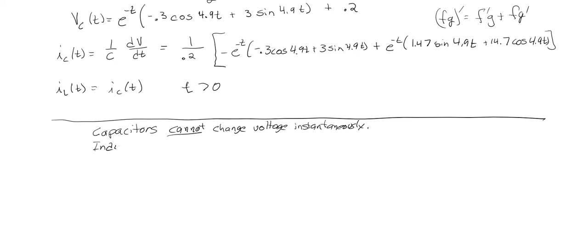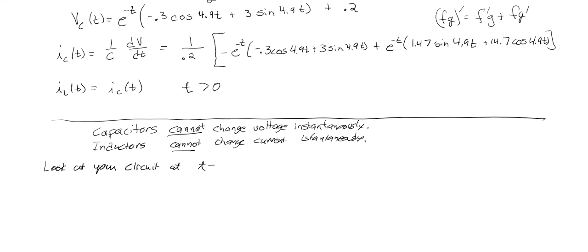And inductors cannot change current instantaneously. And that rule also cannot be broken. Because of these two rules, what you always do is look at your circuit at t equals 0 minus, or before switch action. 0 minus means the limit as you're approaching 0 from the left.